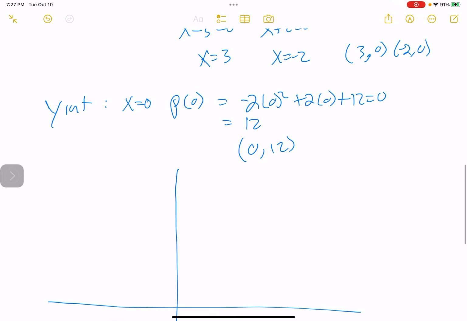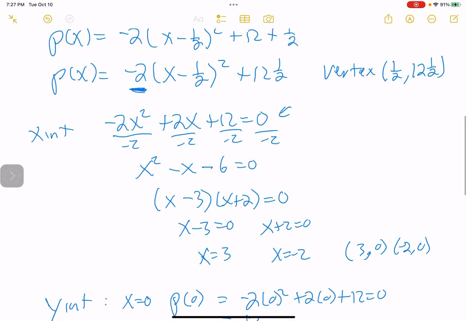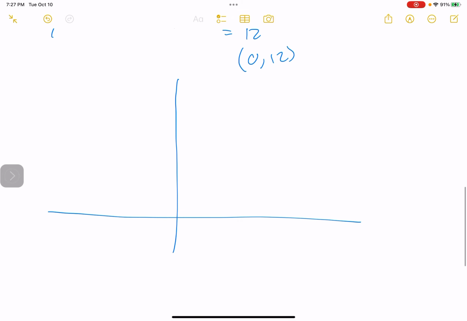And the vertex was at (1/2, 12.5), yes. So we'll go 1, 2, 3, 4, up to 12. And we're at 1/2, 12 and a half, so someplace right about here.